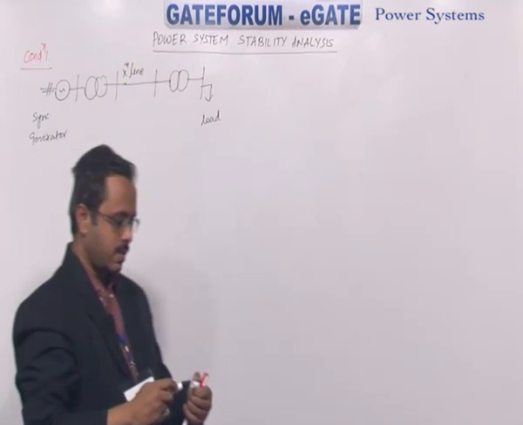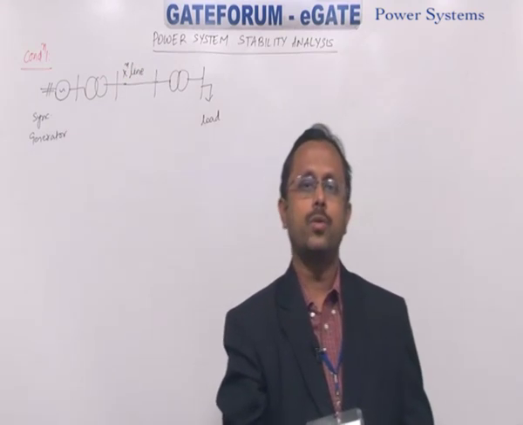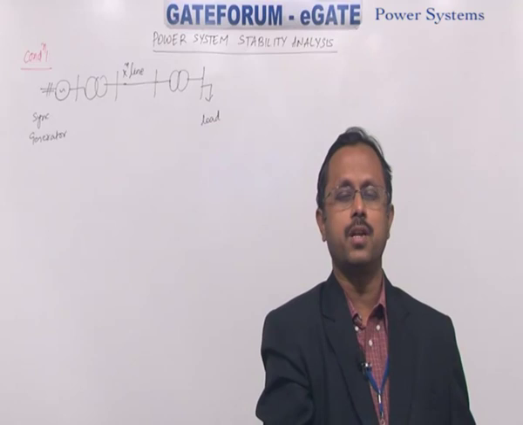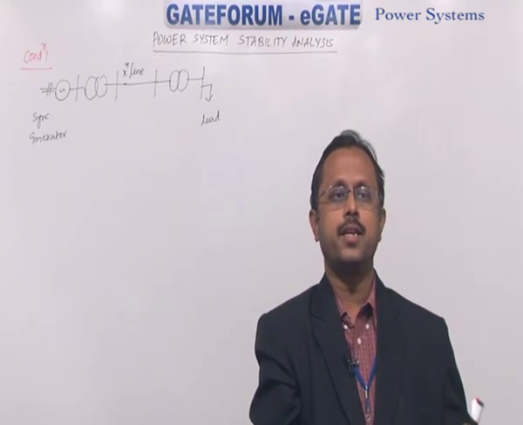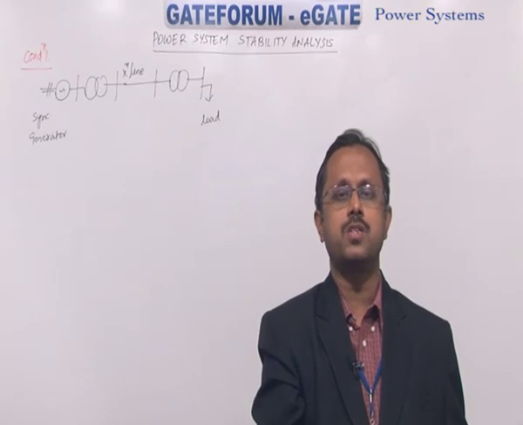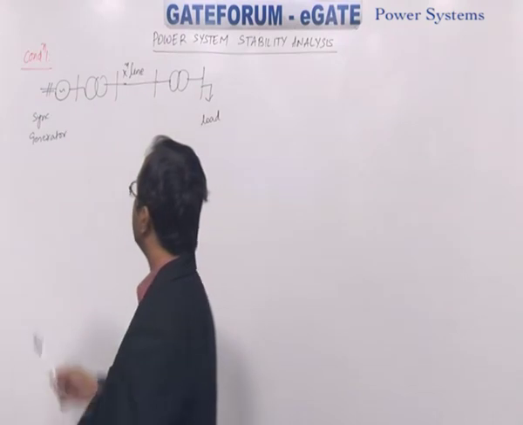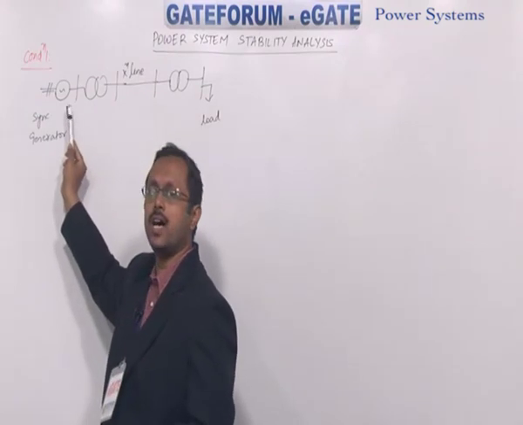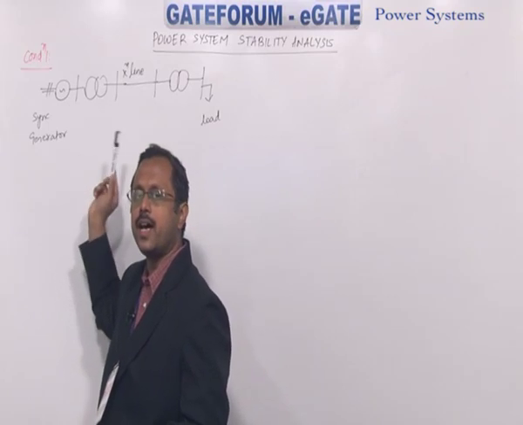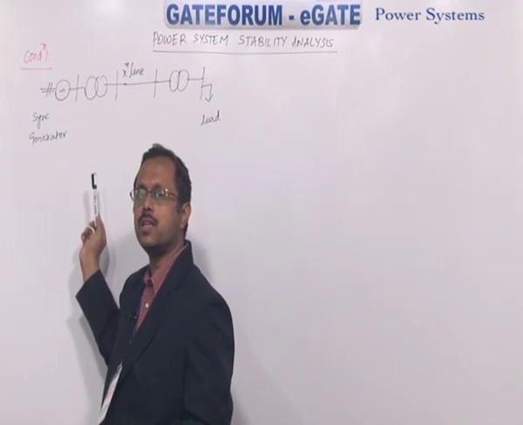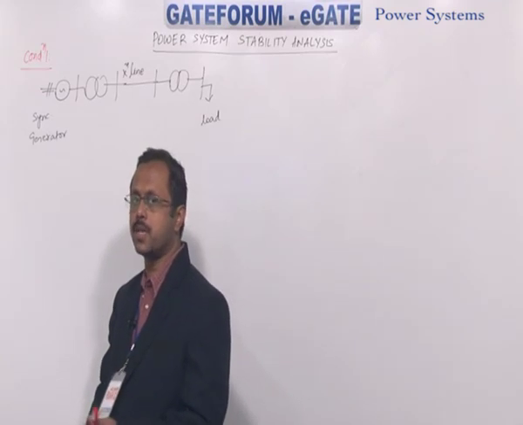Now the question is, is this single line diagram associated with power system stability? For that you check the source. At the source we have a synchronous machine. So this single line diagram deals with power system stability.